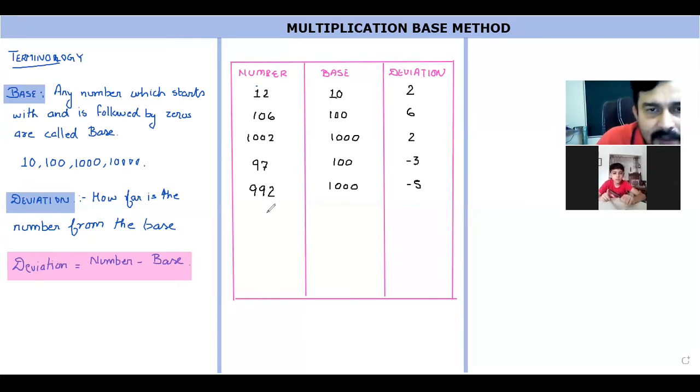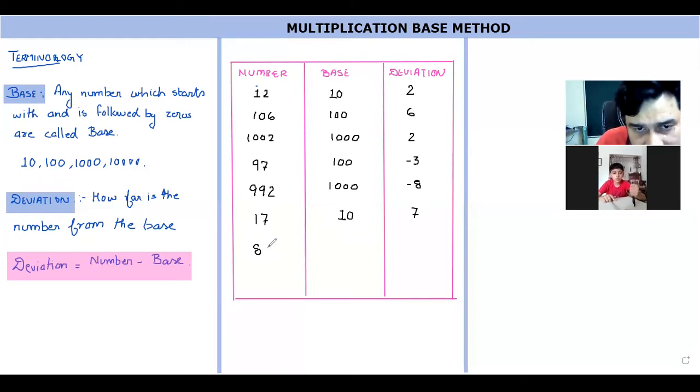If the number is 17, its base is 10 and deviation is 7.